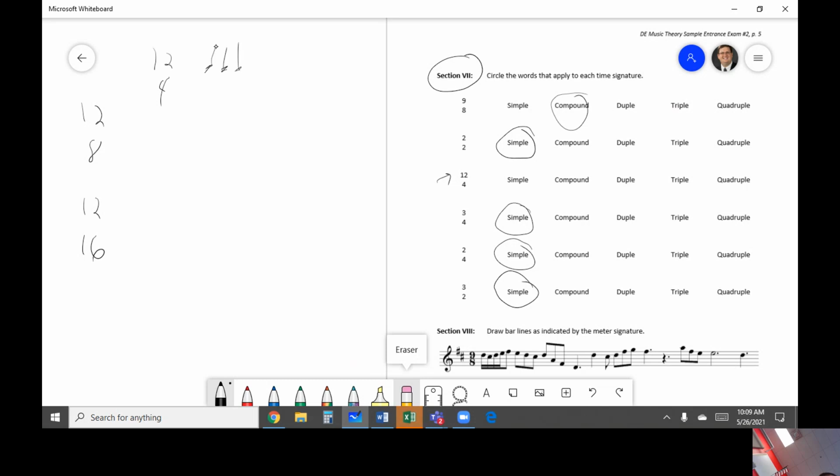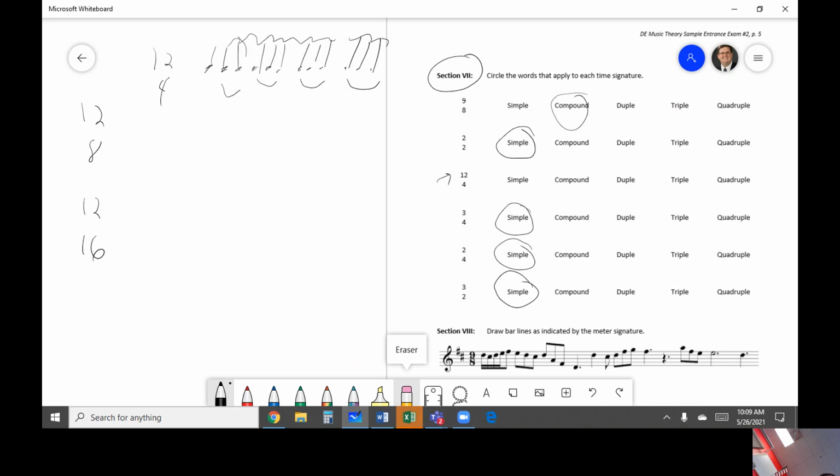You're going to have groups of 3 quarter notes. 1, 2, 3, 4, in which case these aren't functioning as the beat. 1, 2, 3, 4, 5, 6, 7, 8, 9, 10, 11, 12.